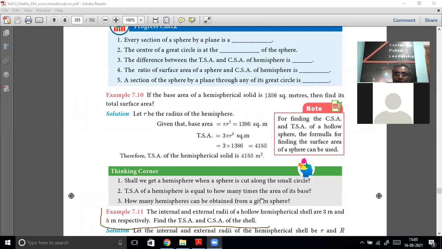What happened to your connection? Sir, I just got a message from my maths teacher. Kaushik, can you speak up? Yes, sir, I'm there.